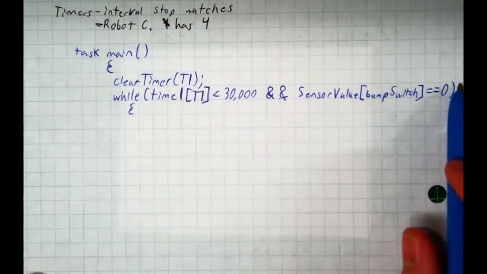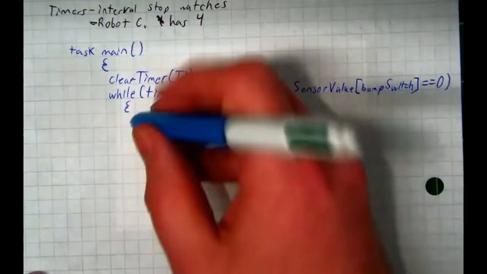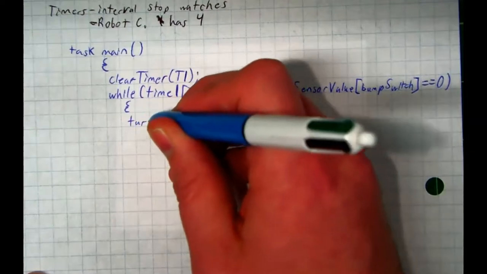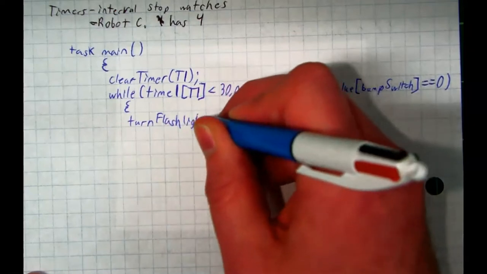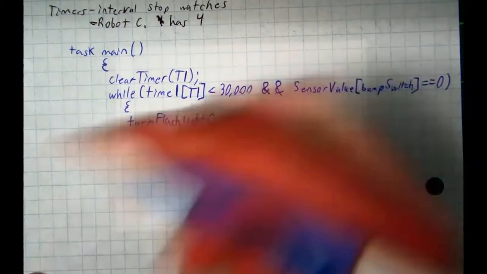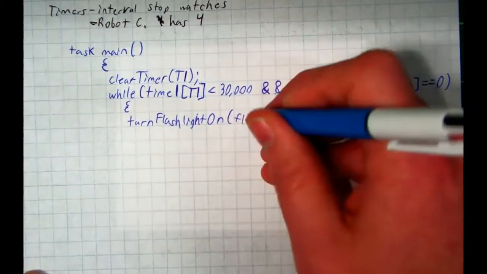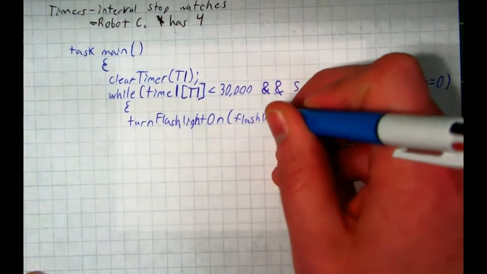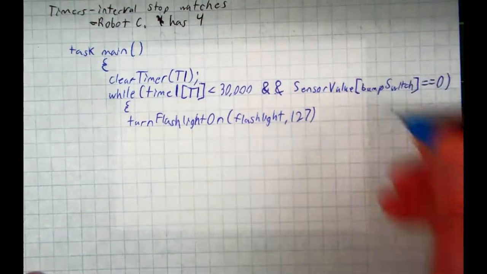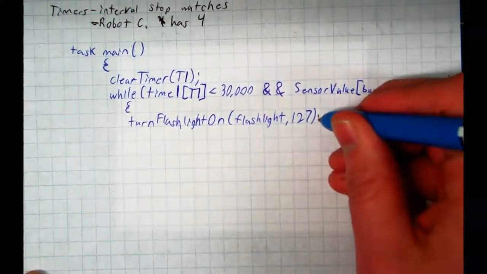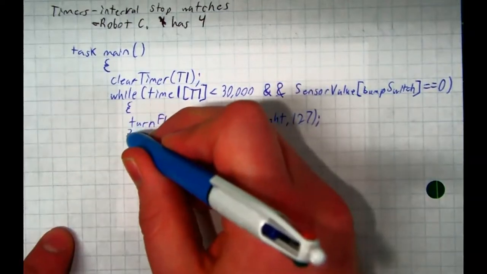Remember, your while statements don't have semicolons. They have curly braces. Let's say we want to turn the flashlight on. turnFlashlightOn, parentheses, flashlight, comma, power, we'll just say full power, 127. Close our parentheses, semicolon.